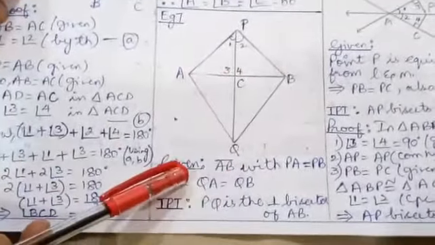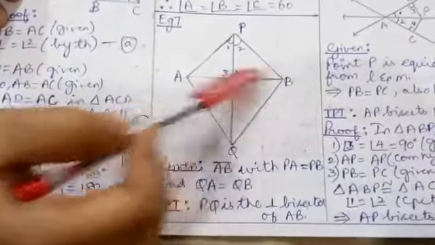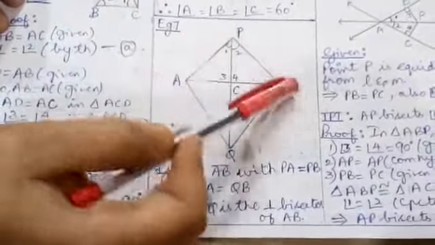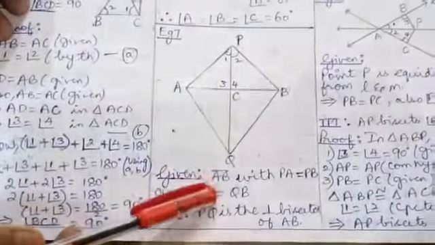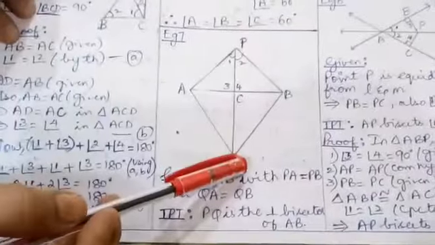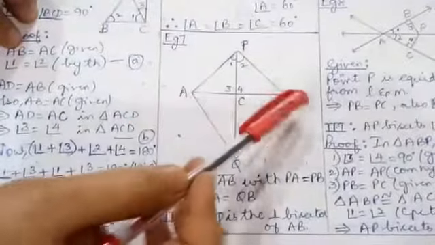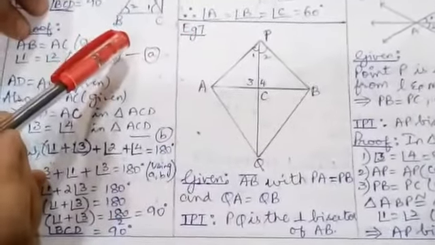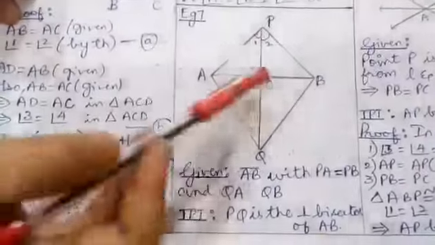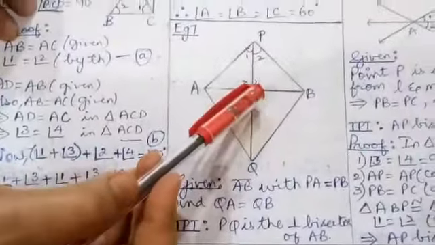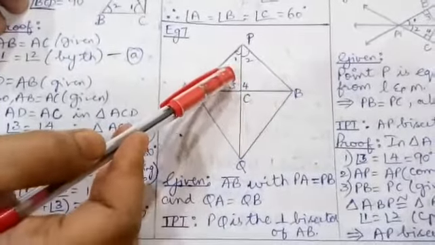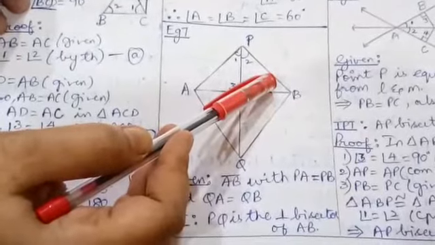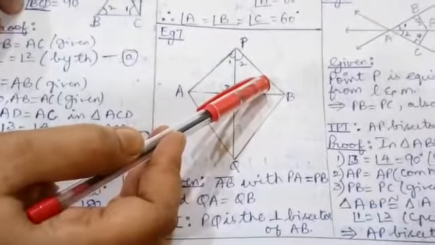So see here, we are given a line segment AB with PA equals PB and QA equals QB. Given this, we need to prove that PQ is the perpendicular bisector of the line segment AB. Now to prove these two results, to prove angle 3 or angle 4 is 90 degrees and to prove AC equals BC, we could take up these two triangles, show that they are congruent and get the results through CPCTC.